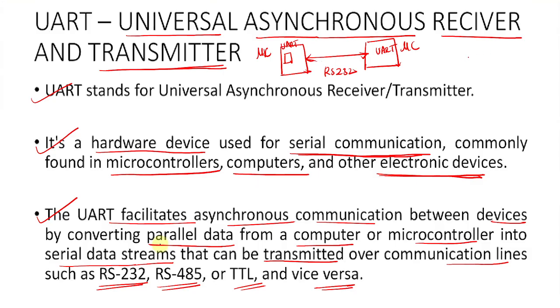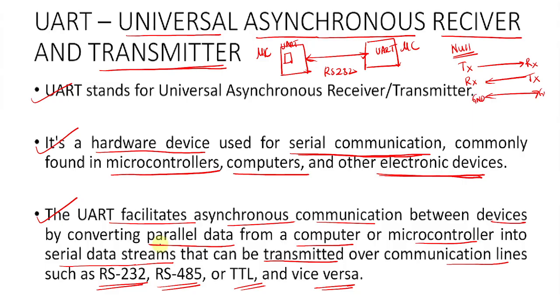This is what we call a null modem: there are three lines. The transmitter is given to the receiver of the other side, and the receiver is given to the transmitter of this side. And there is a common ground for these two. This we call a null modem.